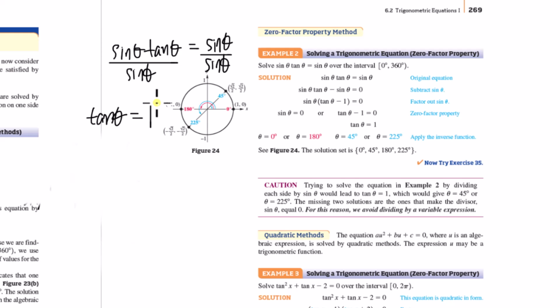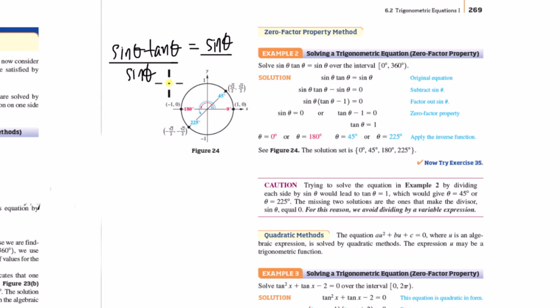Well, when theta is equal to 0 or when theta is equal to 180, and then any coterminal angles with that. Well, we've eliminated that theta. And now with this, whatever solution we get here, theta is not going to be equal to 180 or 360 or any angle coterminal with that, because we can't divide by 0.